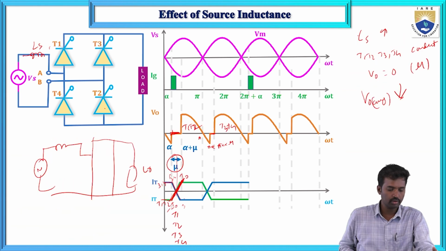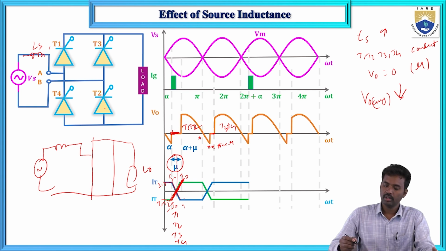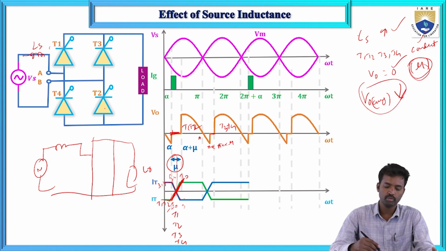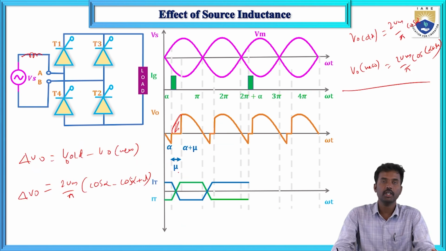So what are the conclusions here? Because of this source inductance, all switches will conduct during that period. During the overlapping period, output voltage is 0, so average output voltage will decrease. That is just because of source inductance, and this is the output voltage without source inductance, and with source inductance.